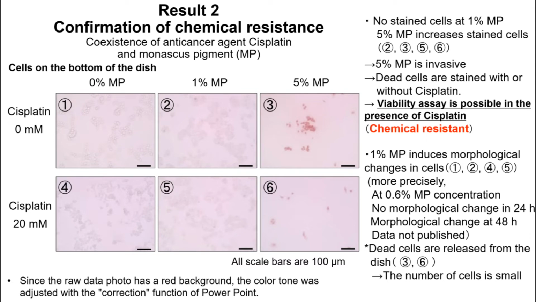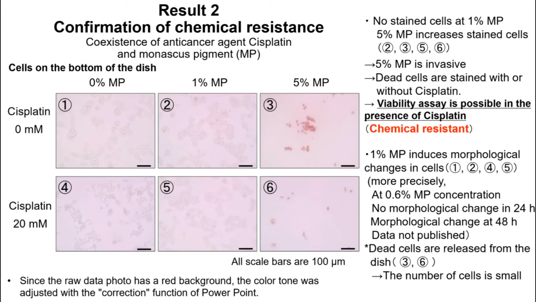Control sample containing no pigment and the sample with 1% monascus pigment showed very few floating cells, and 5% monascus pigment showed many floating cells.